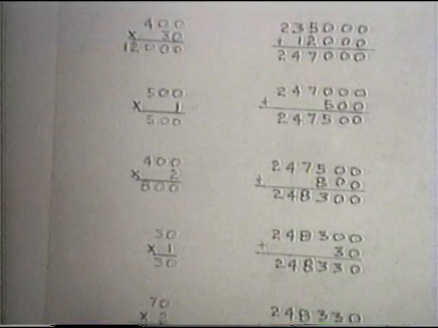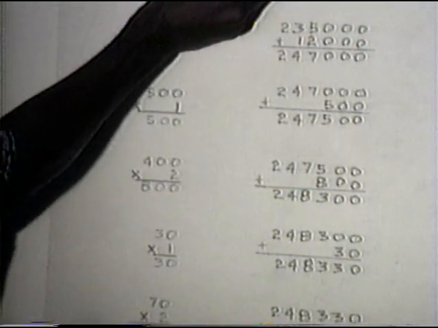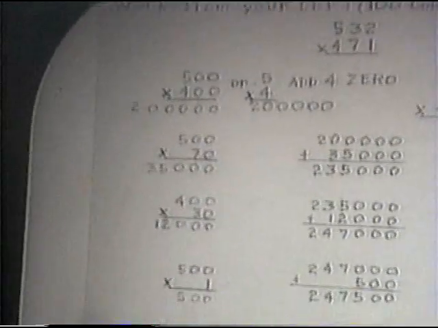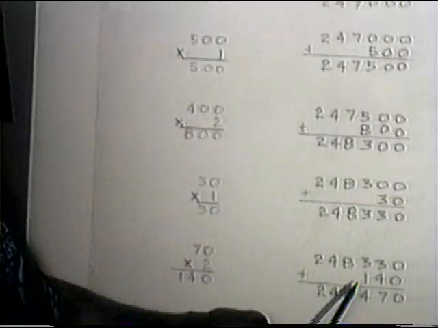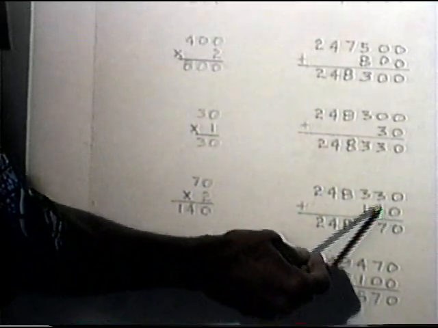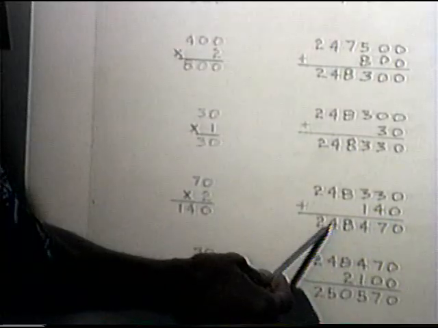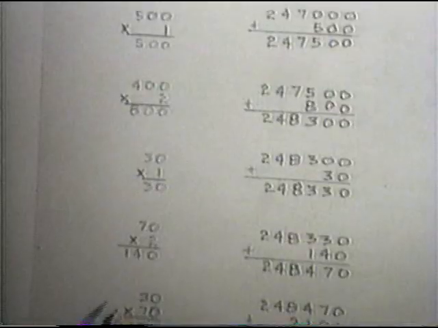Now we multiply 2 times 70. 2 times 70 gives us 140. 248,330 plus the 140 gives us 248,470.